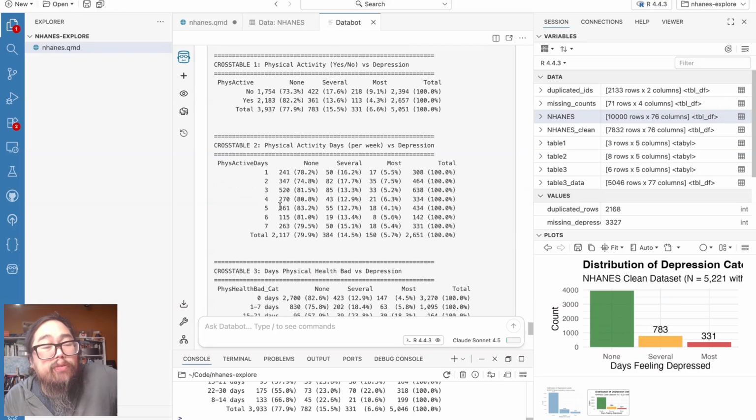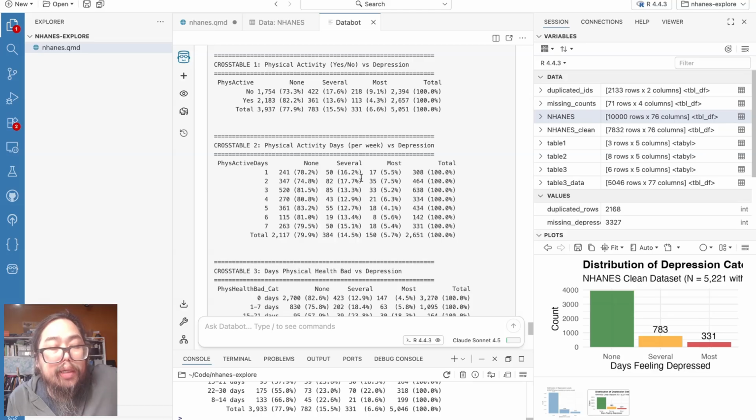So we've got physically active days, which is a numeric variable. Let's look at how the numbers go down in terms of the columns. If we look at the several, there seems to be a downward trend, although with 7 physically active days, it's comparable.